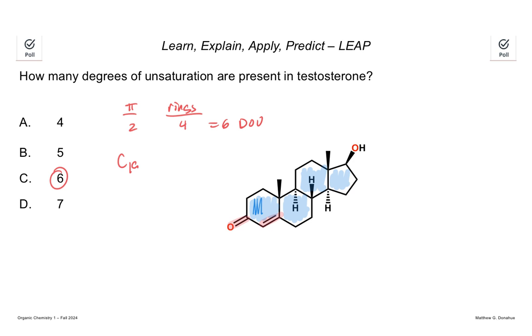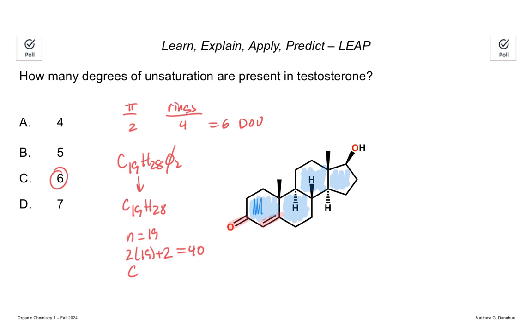So C19H28O2. We need to revise that. Oxygen doesn't affect the hydrogen count, so we end up with C19H28. For N equals 19, 2 times 19 plus 2 gets us 38 plus 2, that's 40.